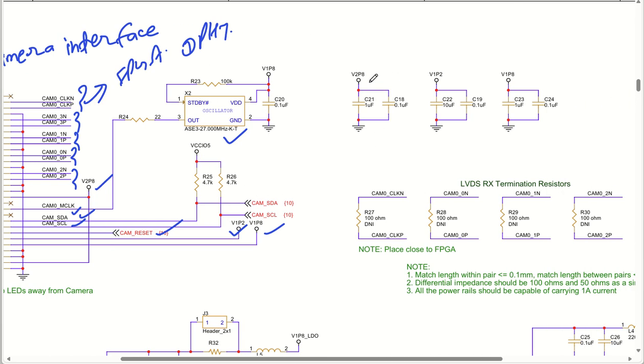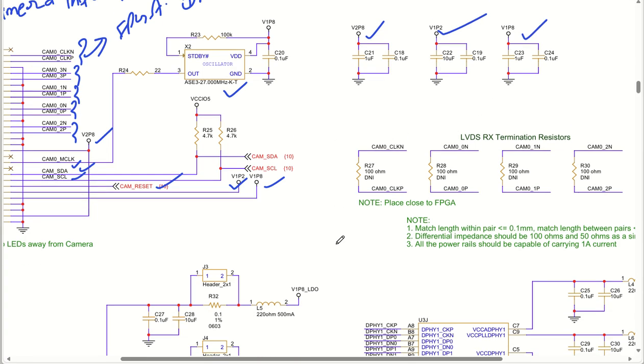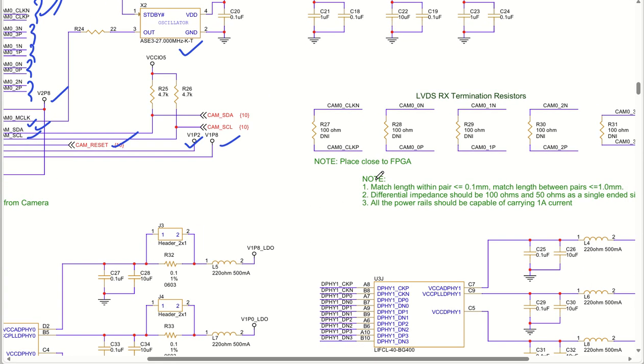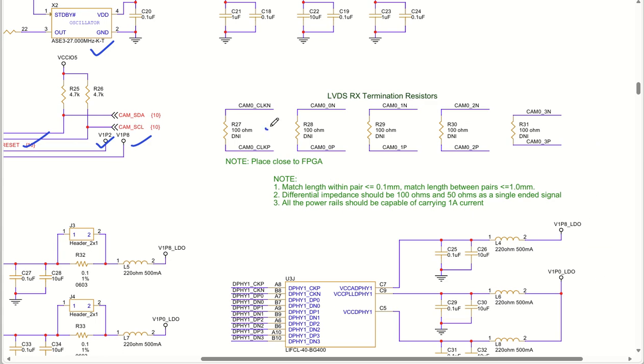Then we have a decoupling capacitor for your power supply pins: 2.8 volt, 1.2 volt, and 1.8 volt. If you want proper termination as well, these are the termination resistors between the differential lines and the differential clock. So you can see 0 1 2 3 and the clock line. If you want, you can put them as well.